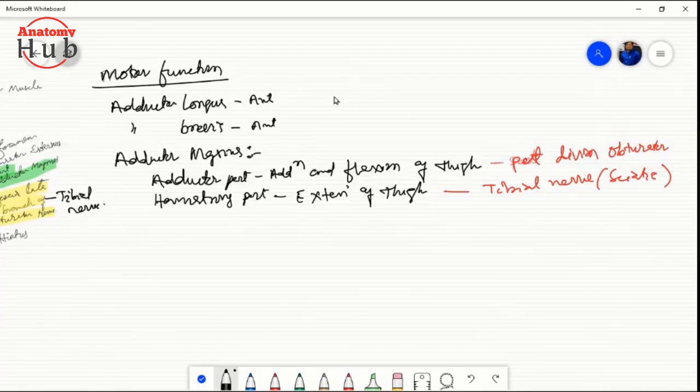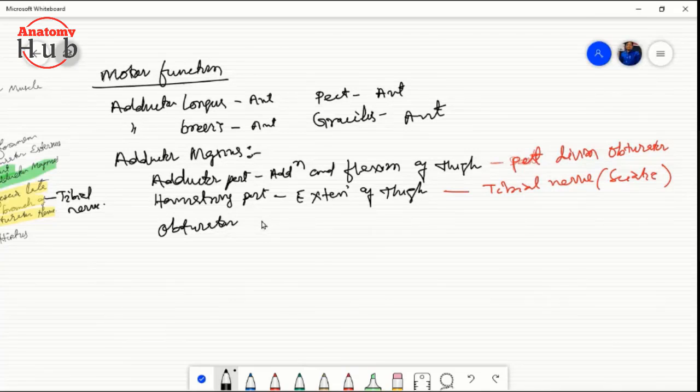Then the pectineus also, sometimes, is by the anterior division. Then we will have the gracilis muscle, also by the anterior division. And the obturator externus muscle is by the posterior division of the obturator nerve.